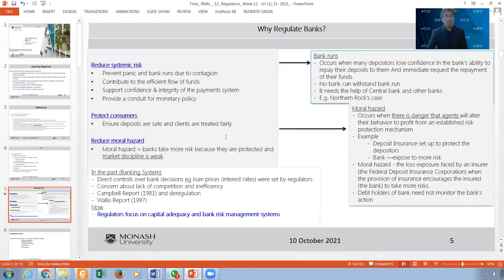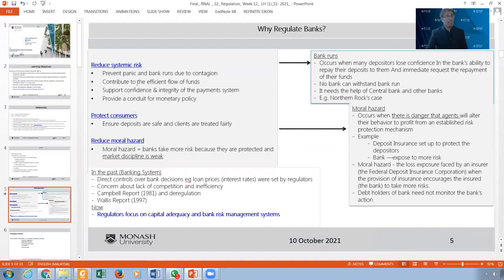Now, why do we regulate banks? First, to reduce systemic risk, which means the risk coming from huge banks and huge corporations. But in this case, we are talking about banks. So that systemic risk has to be prevented, to prevent panic and bank runs.